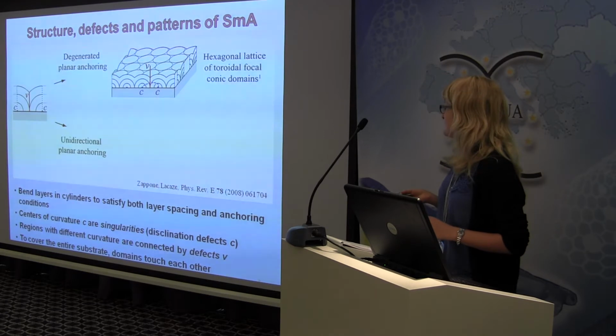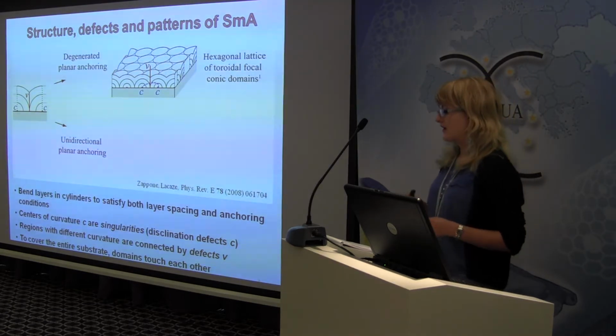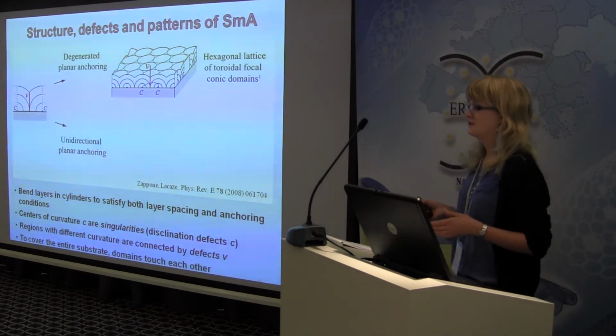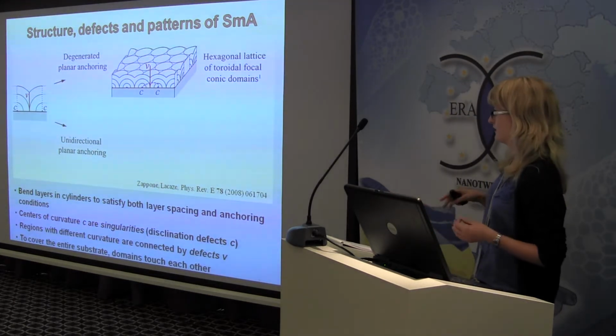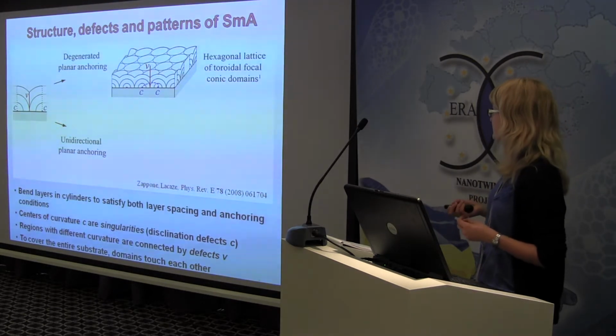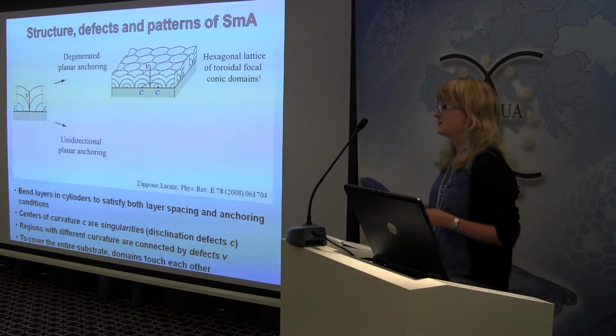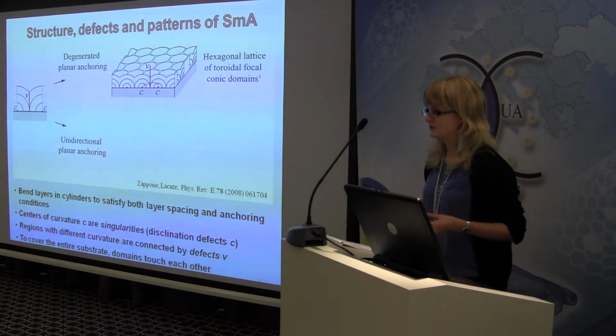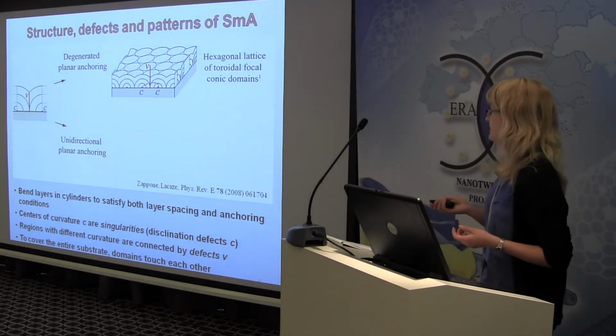In another situation, when the planar anchoring is unidirectional, so that there is a well-defined direction in plane, we can expect that the character of the defects will be different. It will be one-dimensional defects, so-called oily streaks.